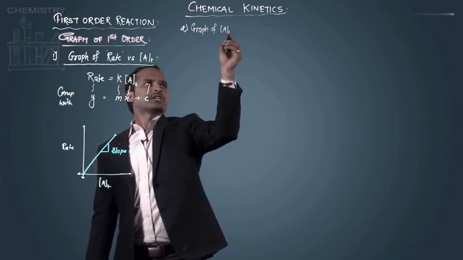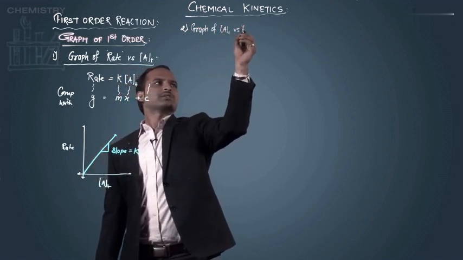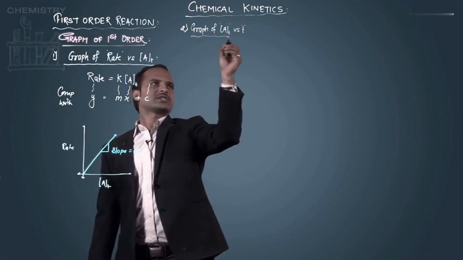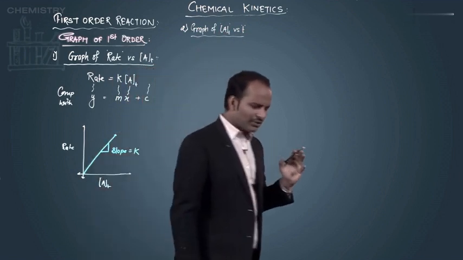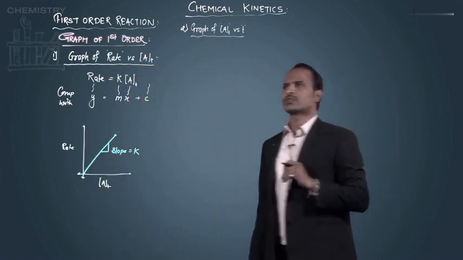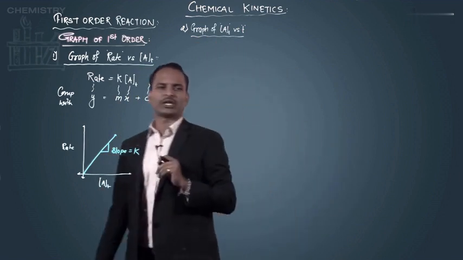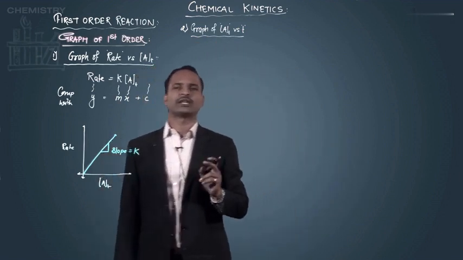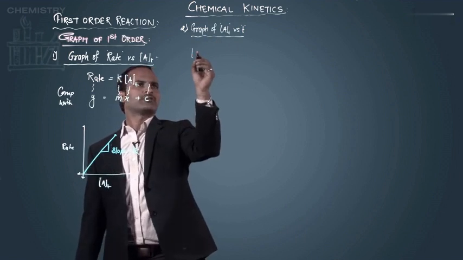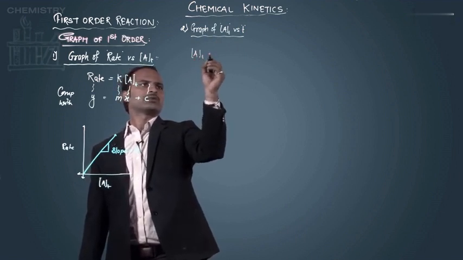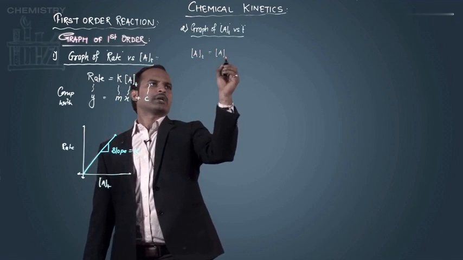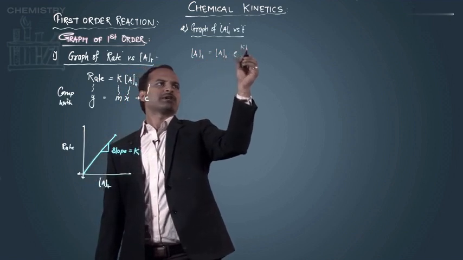At versus time. At, it means the concentration of reactant versus time. Now again, to know the nature of the graph, better to think about which equation or which formula has both At and time. We have only one formula where At and t come together, and the formula is At is equal to A0 into e raised to minus kt.